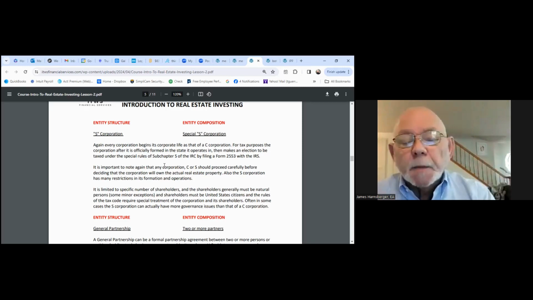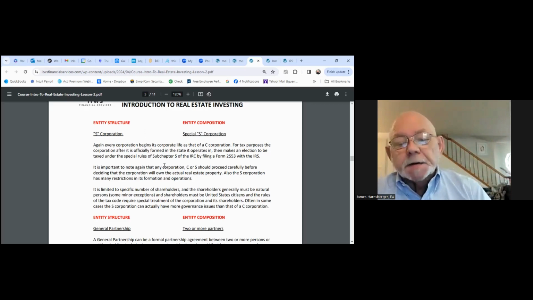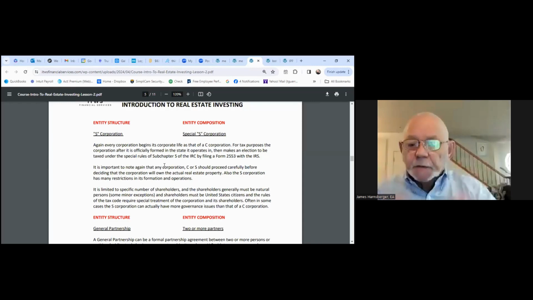So we see them as problematic for the future, but they are viable for use as a management conduit, which I'll be talking about in today's lesson, setting the framework of how that works.